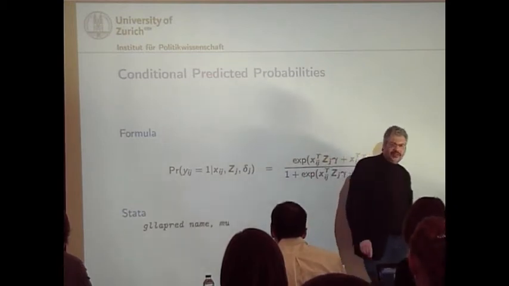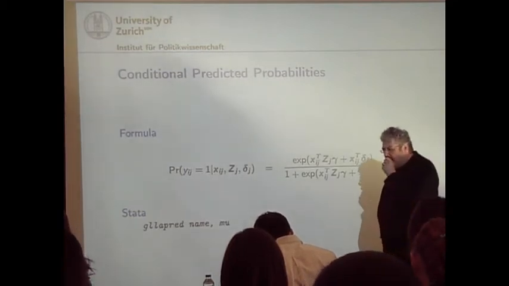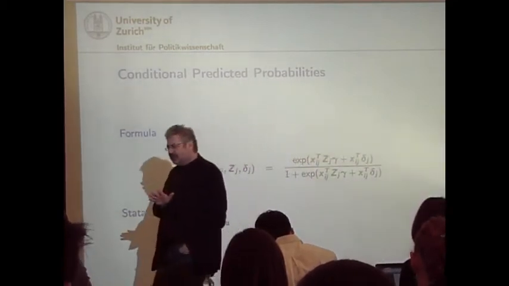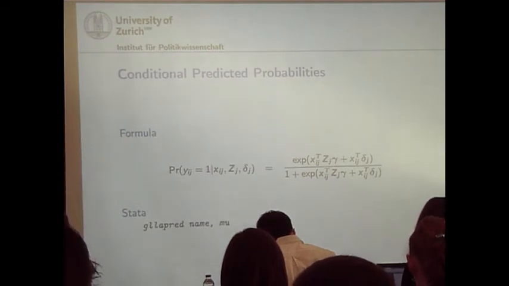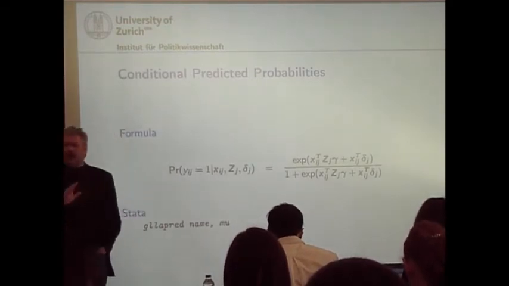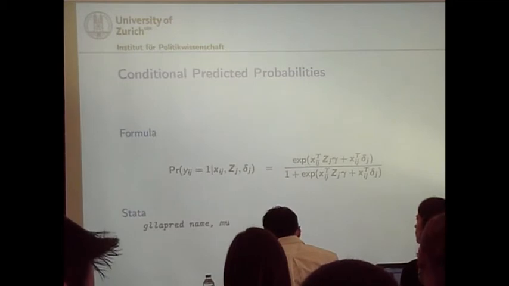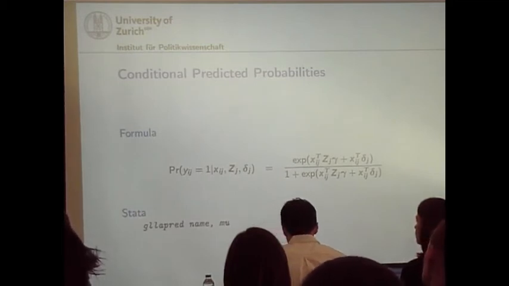Then you get the possibility of depicting the relationship between, say, ideological distance and the probability of the labor vote, for various levels of the variance of the error component associated with the intercept.